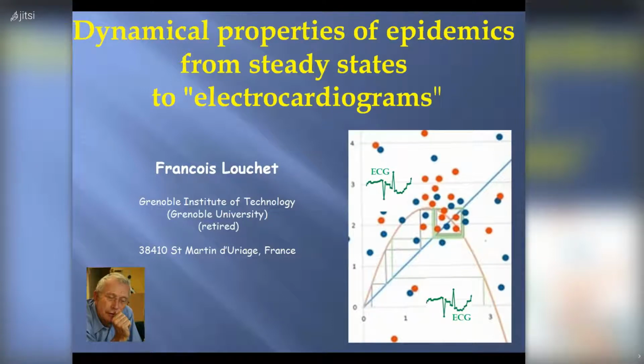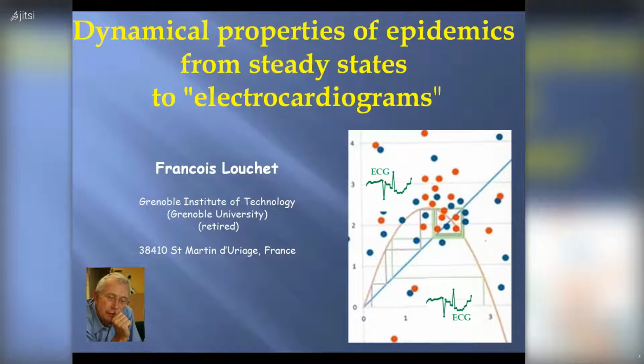I'm a physicist and I've been involved for many years in theoretical physics and in particular in the theory of dynamical systems. The present talk deals with an application of this theory of dynamical systems to biology and in particular to dynamical properties of epidemics, from steady states to ECGs.